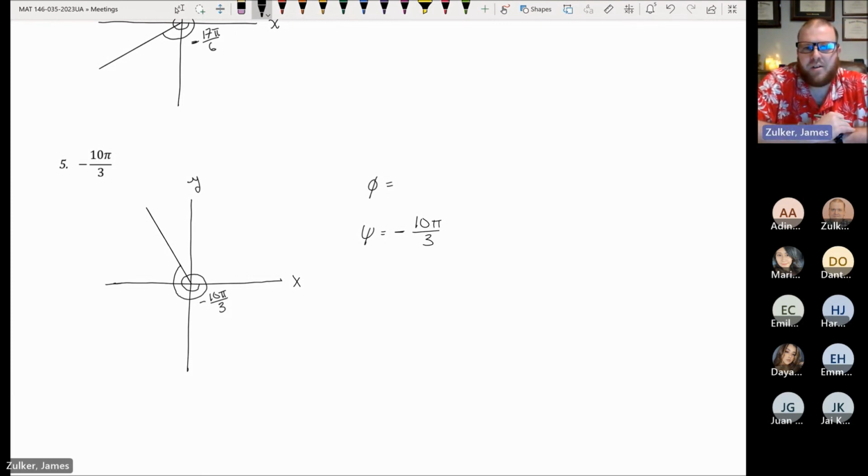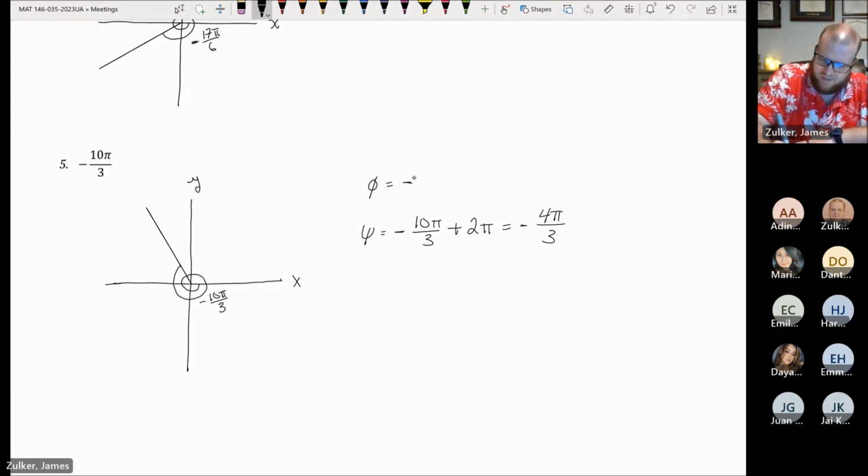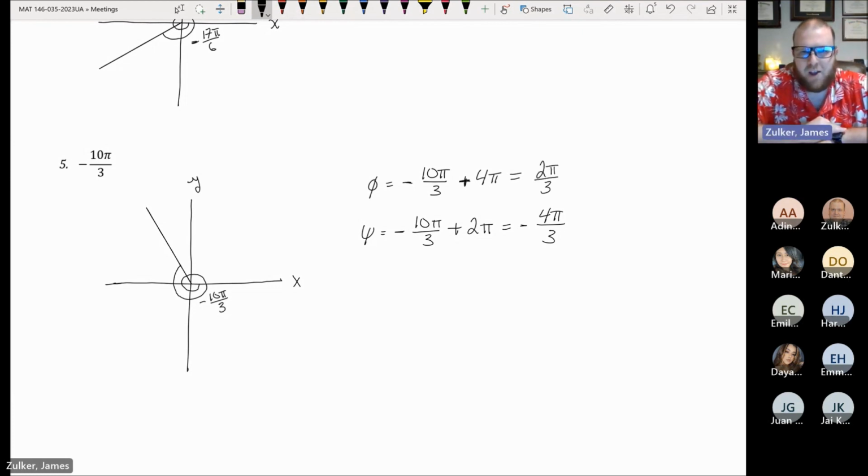Just as before, in this case, it's going to be simpler to find the negative coterminal first. We can just add 2 pi. That would give us negative 4 pi over 3. Then if we add another 2 pi, that would give us 2 pi over 3.